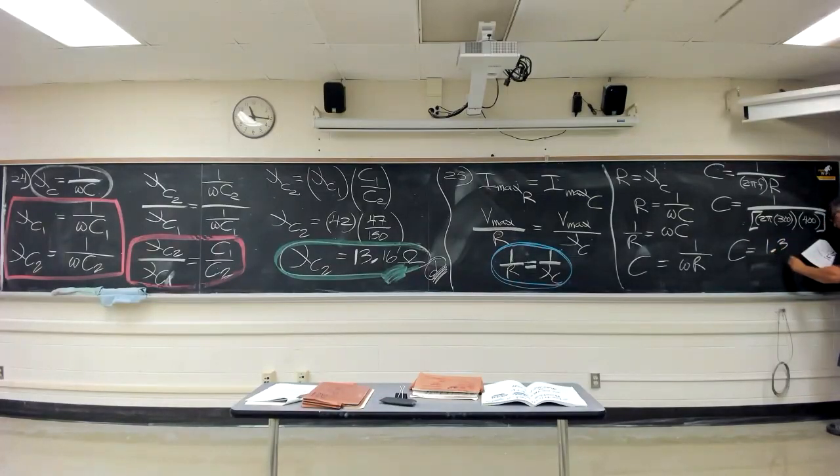We got 1.3, 1.326, 1.3263 times 10 to the negative 6 farads. Well, we've seen the 10 to the negative 6 enough times to know what we're talking about. This is 1.3263 microfarads. You can see a lot of times they're going to give it. They might not. They might have left it as exponential notation.